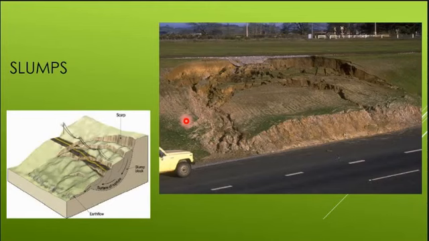Mas matindi. And then we also have here slumps. Pag sinabi naman nating slumps, ibig sabihin, gaya ng nakikita ninyo, bumababa yung level ng lupa. Yung area dito ay bumagsak na, kaya yung level ng lupa ay bumaba rin. Nagbago yung landscape.